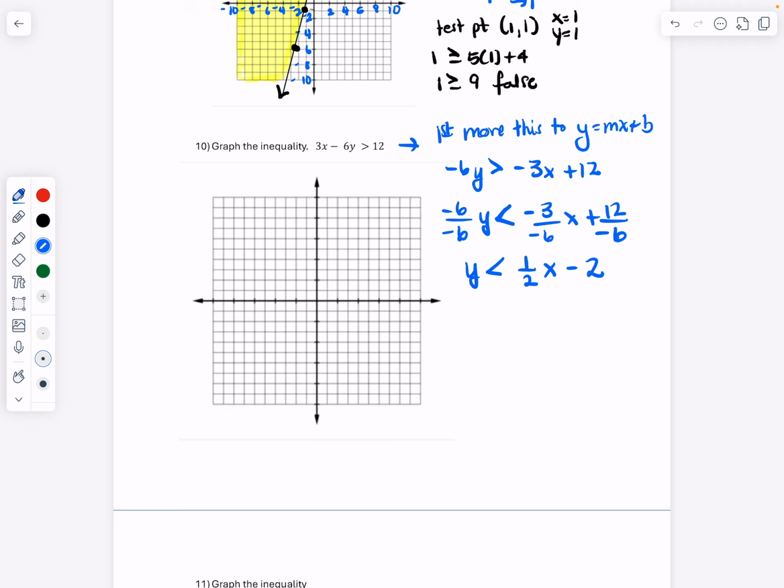Now I know m is 1 over 2, so I'm going to go up 1 and to the right 2, and b is (0, -2). I'm going to do units of 1 this time around.